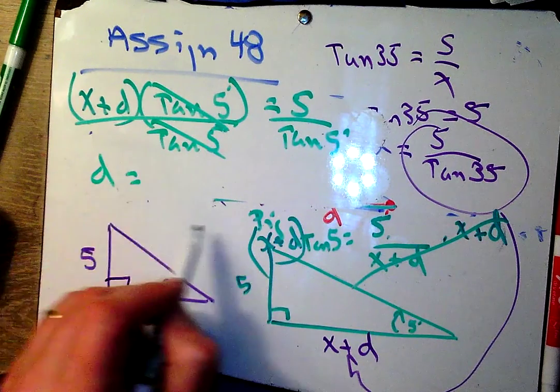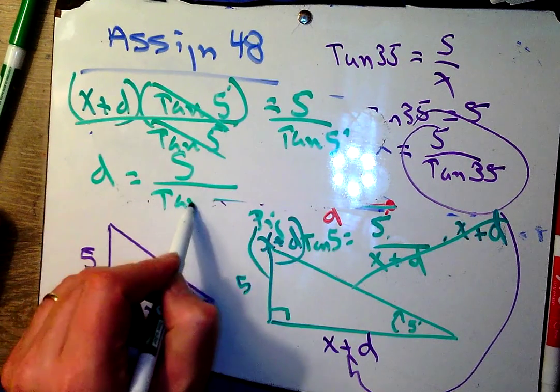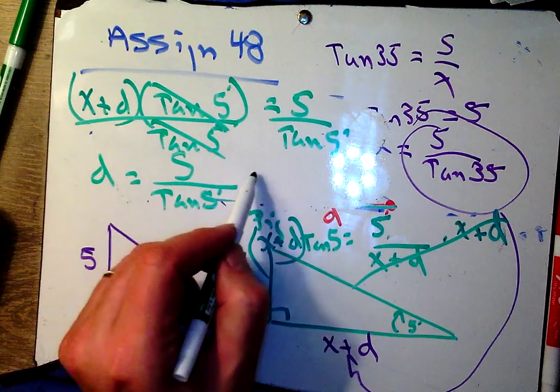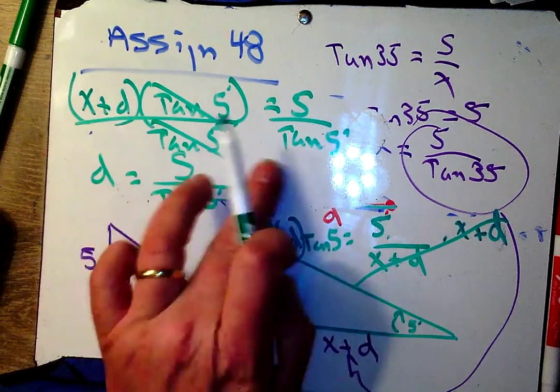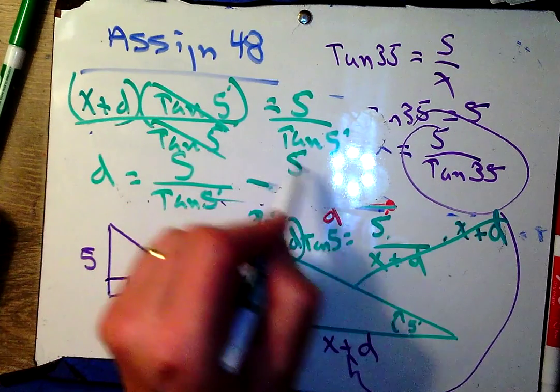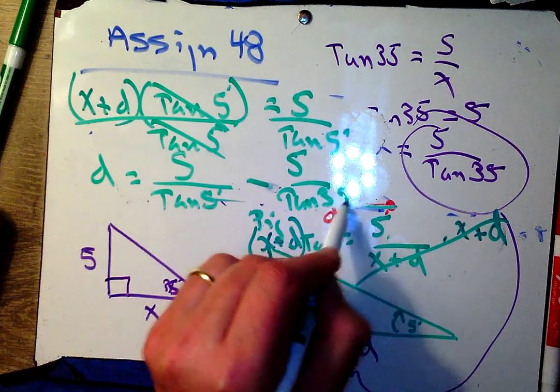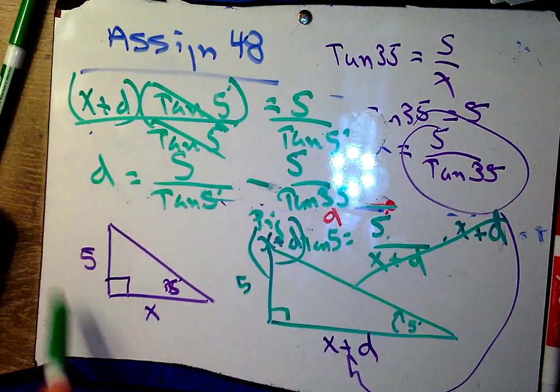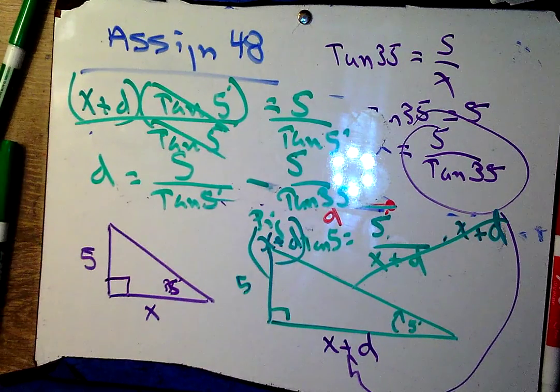And so d is going to be 5 over tan 5 minus our x value, which was 5 over tan 35. Oh, isn't that interesting? 5 over tan 5 minus 5 over tan 35.